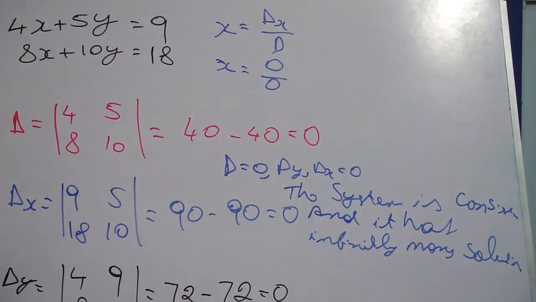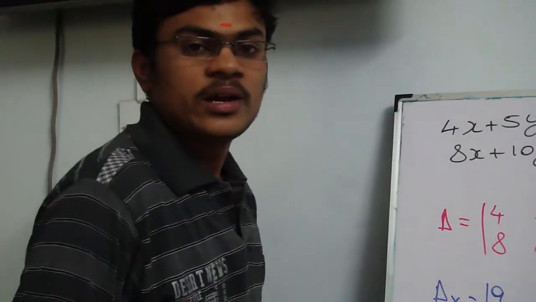I repeat, according to Cramer's rule, if delta is equal to 0, del x and del y are equal to 0, it has infinitely many solutions.